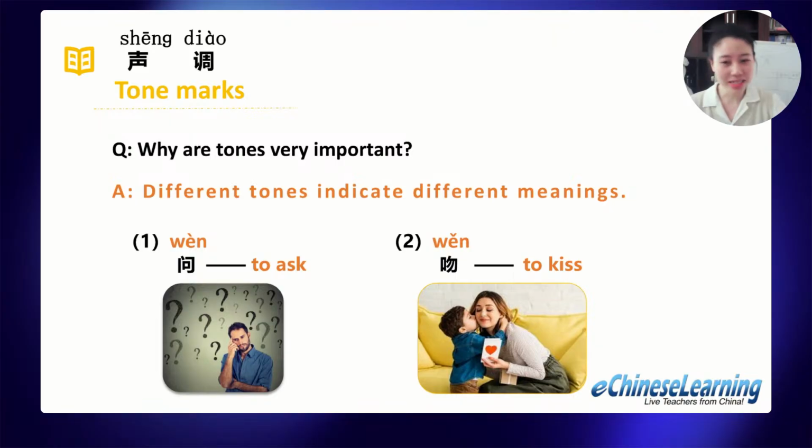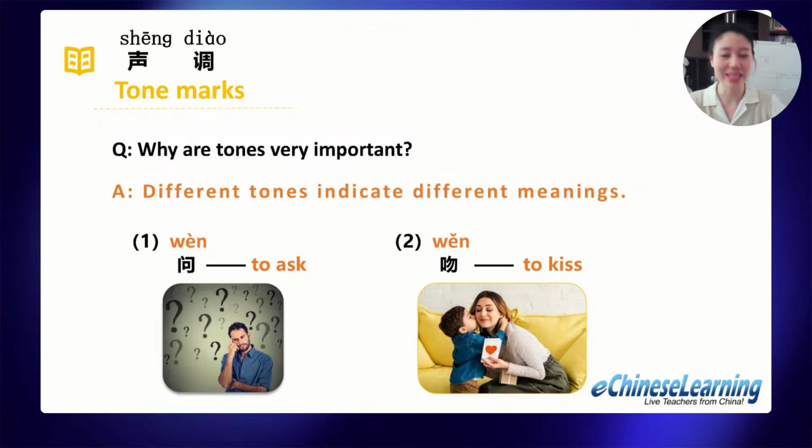If you accidentally say 我吻你, the meaning will be changed to I kiss you.